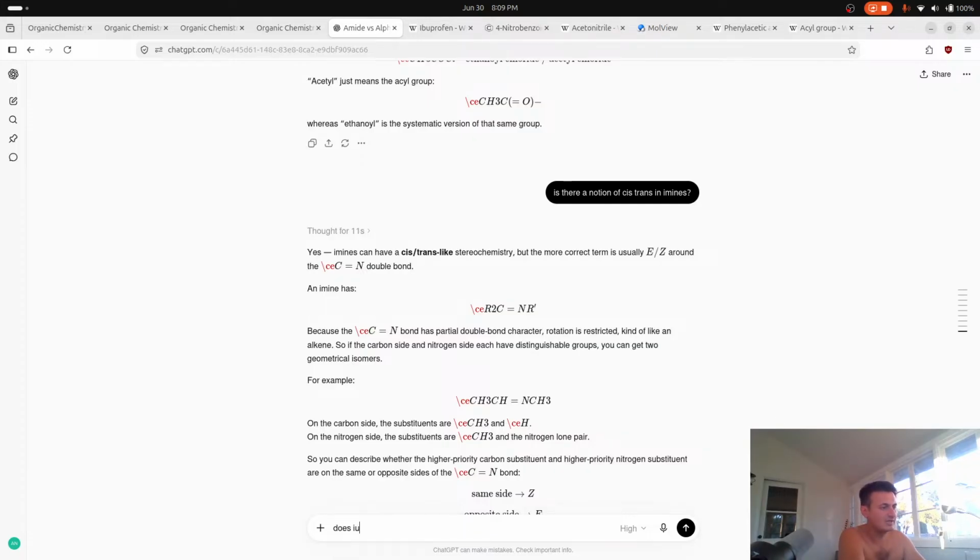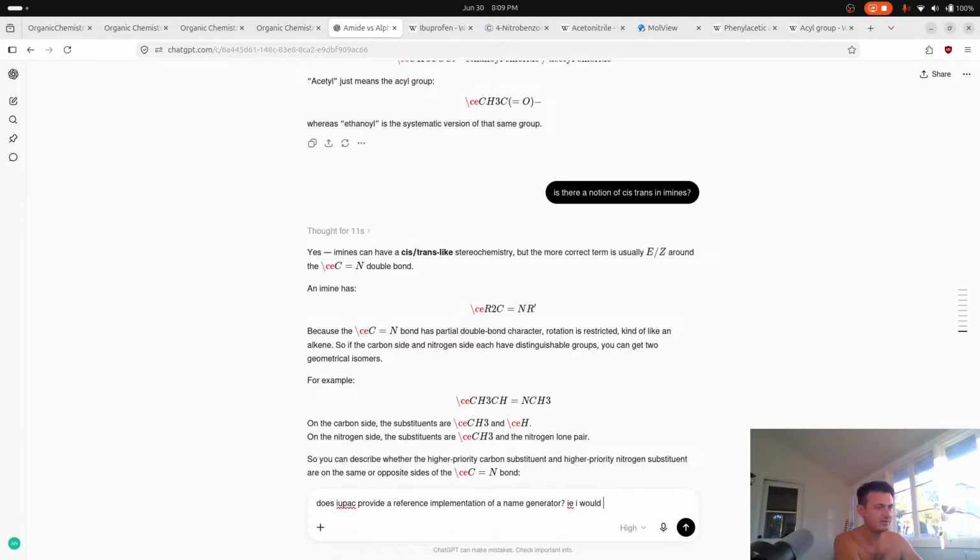Does IUPAC provide a reference implementation of a name generator?